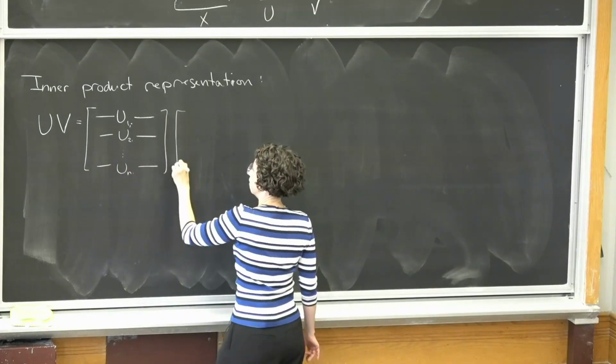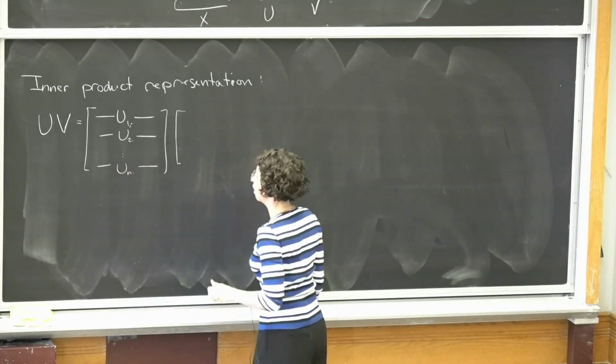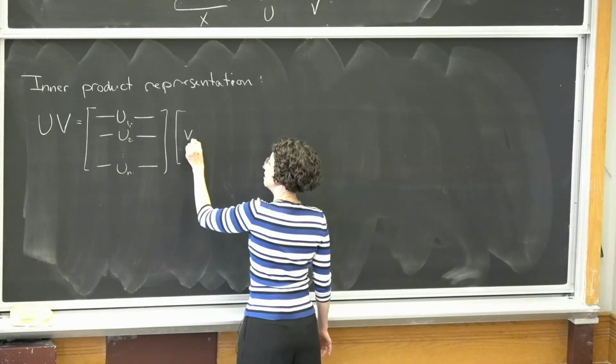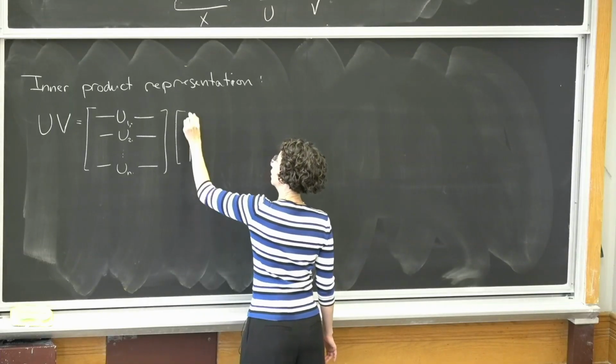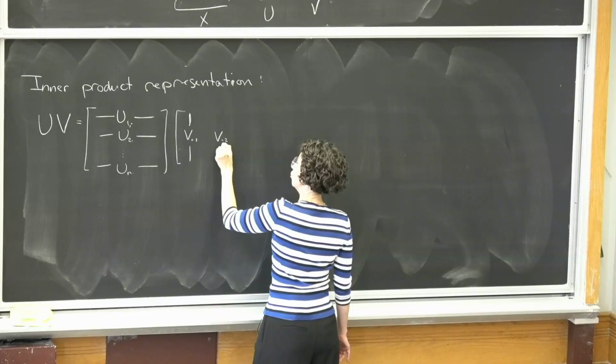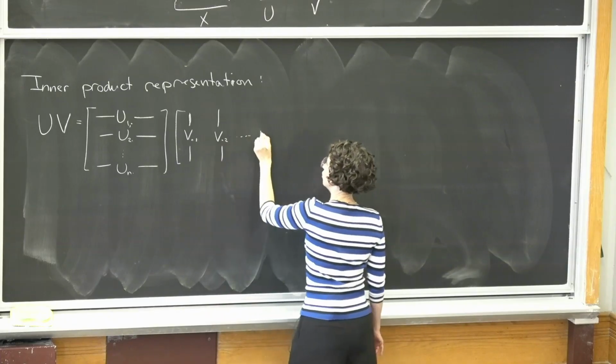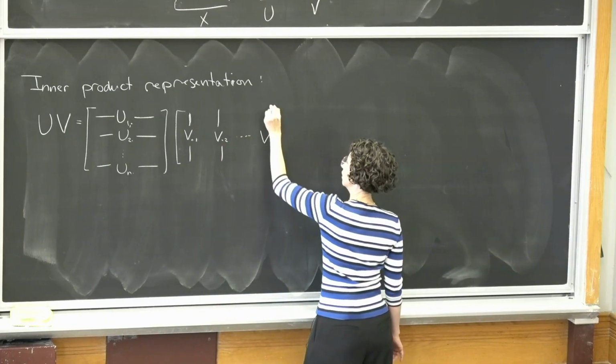And then we represent V as a collection of columns, V dot 1 and V dot 2, all the way over to V dot p.